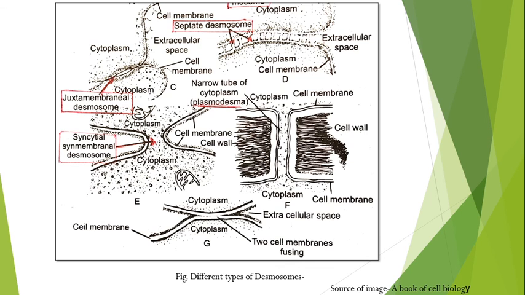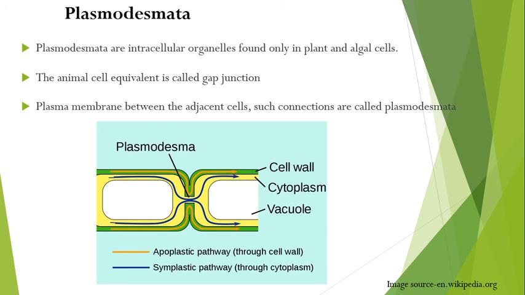Got it? So next one is plasmodesmata. Plasmodesmata are present in plants, and in our animals we have desmosomes. Plasmodesmata are intercellular organelles found only in plant and algal cells.